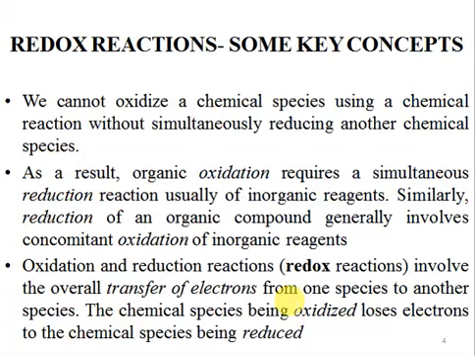The reagent which carries out the oxidation is called the oxidant, or the oxidizing agent. The oxidizing agent oxidizes the organic compound and gets itself reduced. Similarly, the reducing agent reduces the organic compound and is itself oxidized.